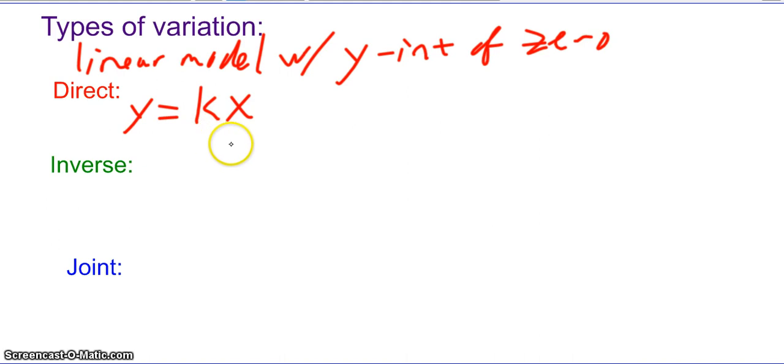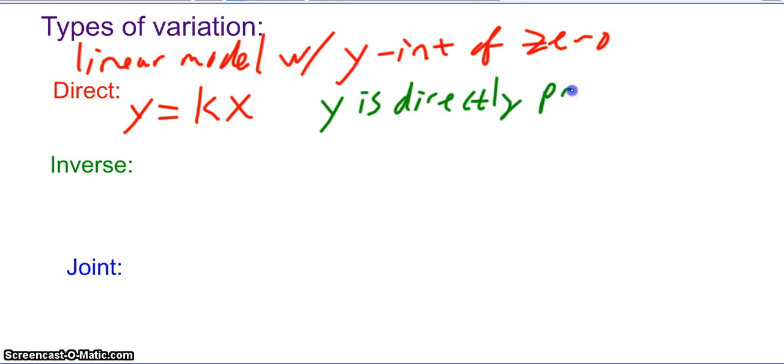So we would say y is directly proportional to x. And if we're told that, then we know this model fits.